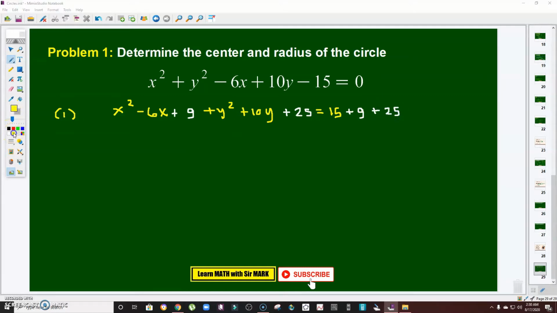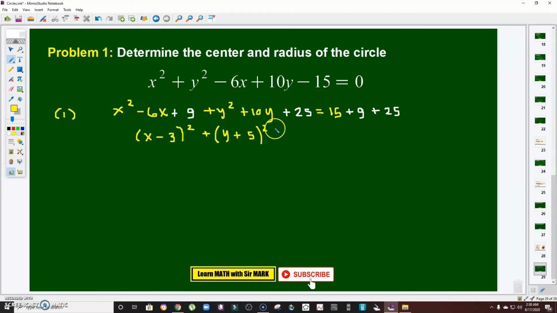Now, these three terms here are already a perfect square. That is x minus, because this is negative 6, so minus the square root of 9, which is 3. So x minus 3 squared, plus y. Since this is positive, the square root of 25 is 5.